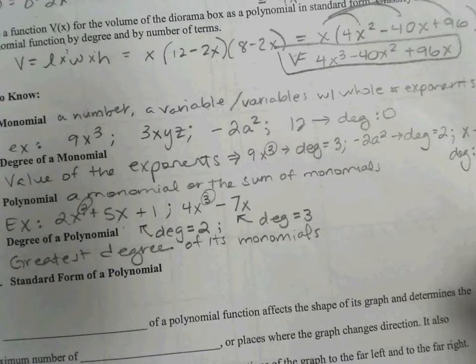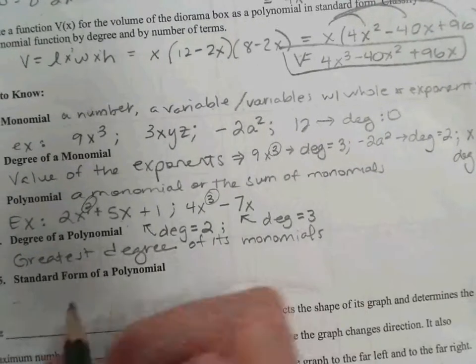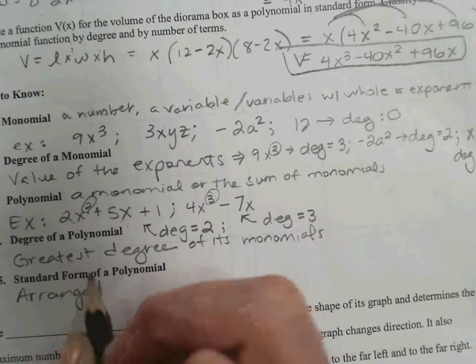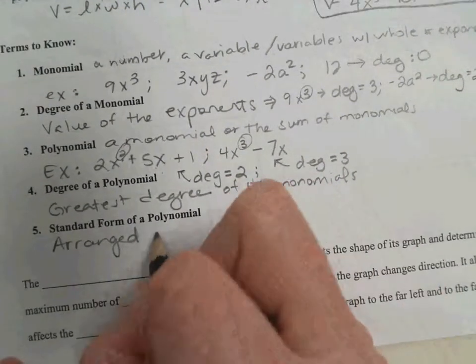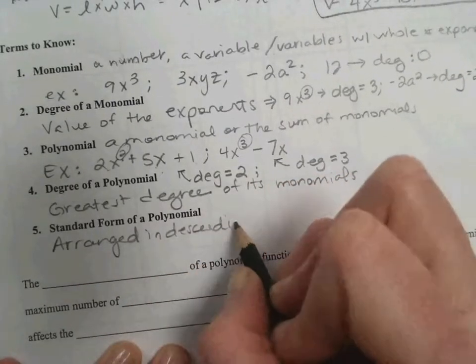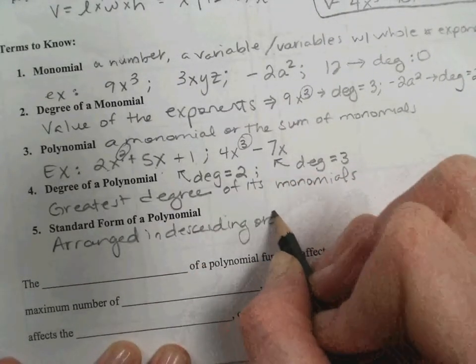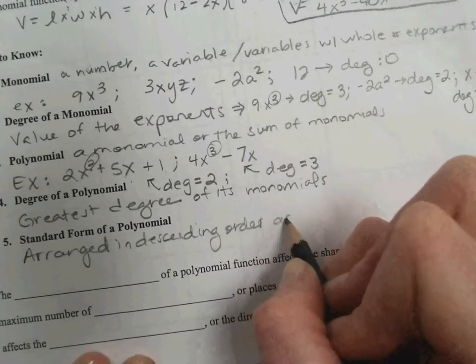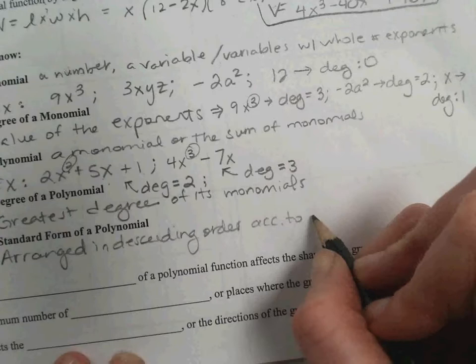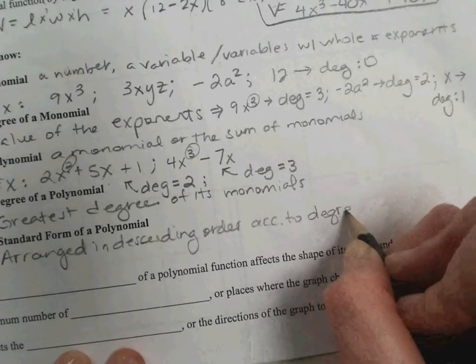Lastly, standard form of a polynomial. It's arranged in descending order according to the exponents or degree.